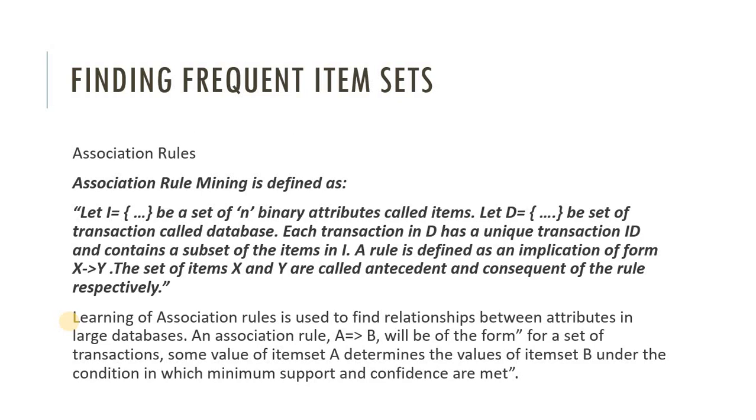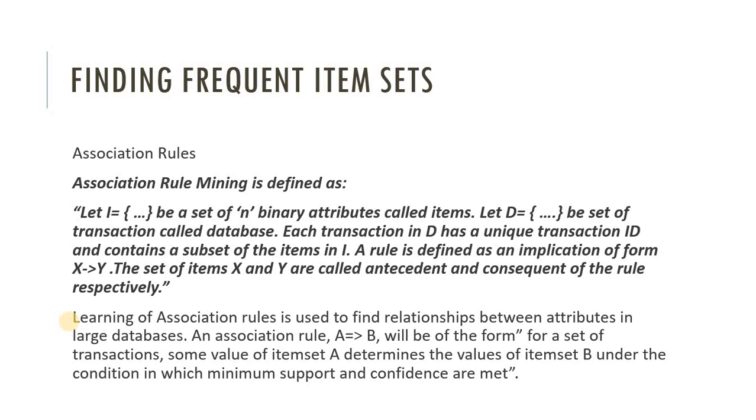So any association rule is defined in terms of the implication form X then Y. Learning of association rules is used to find the relationship between attributes in a large database. Association rules of the form A implies B are defined for a set of transactions. Some value of item A determines the value of item set B under the condition in which minimum support and confidence are met.